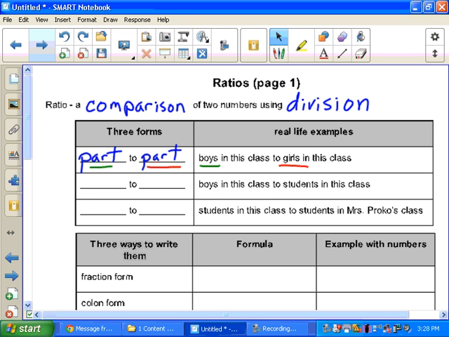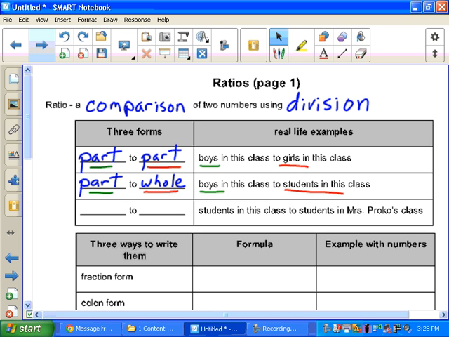Another form of a ratio is our part to whole. This is the most common form of ratio. An example of that would be the boys in this class to all students in this class, with the boys being part of it and all students being the whole thing.